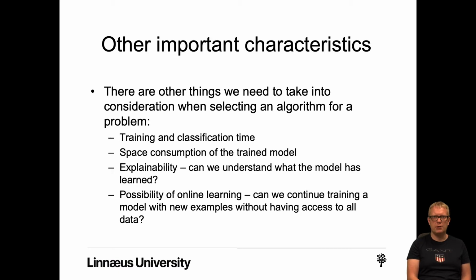Third is explainability. Can we actually understand what the model has learned? Take an example. We go to a bank and we ask the bank guy if we can loan an amount of money. And the bank guy says, no, I can't give you that loan. And we ask why.